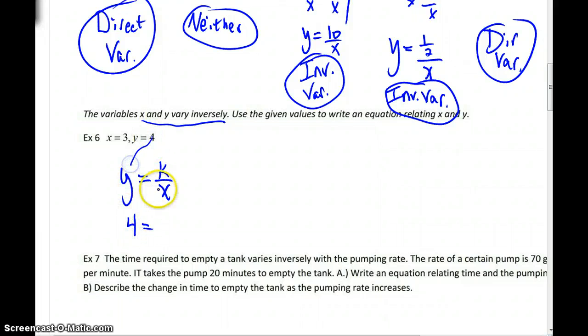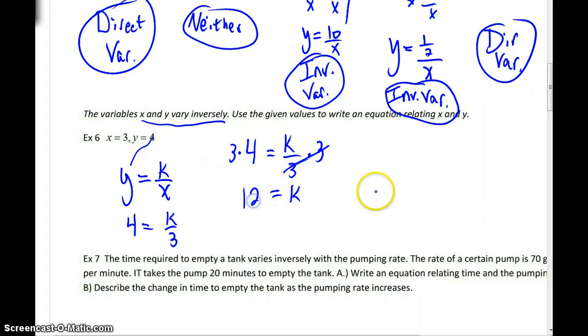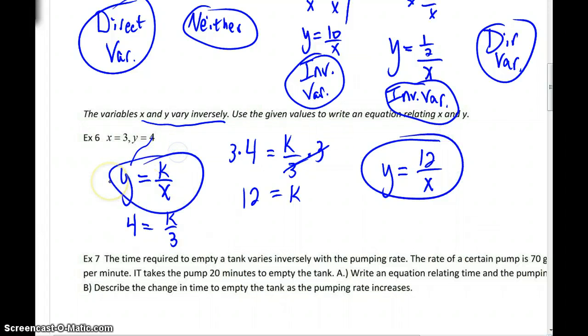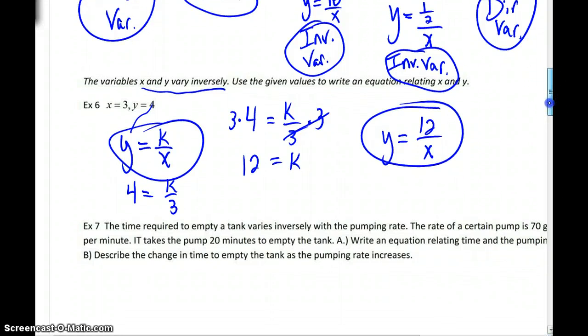We're going to substitute that value in. Our x is a 3, and we would like to solve for k. Doing that, we will multiply both sides by 3, and then come up with k is equal to 12. We will stop, however, by writing y equals 12 all over x. You might remember y is equal to some number divided by x. We found what that number is. It happens to be 12.